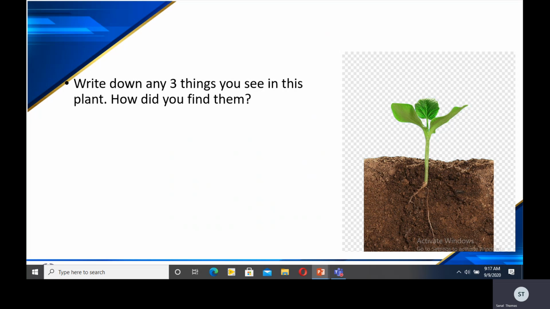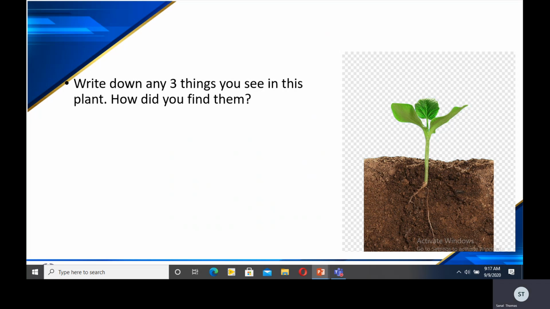We found these features by looking carefully at this plant. In other words, we have observed the plant carefully, and then you are able to write down the findings.